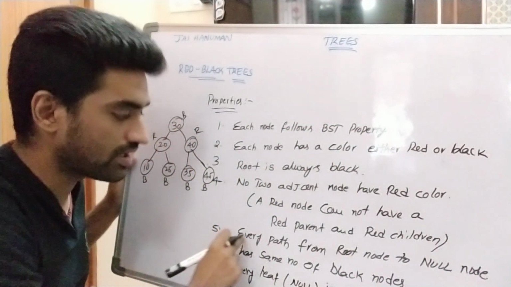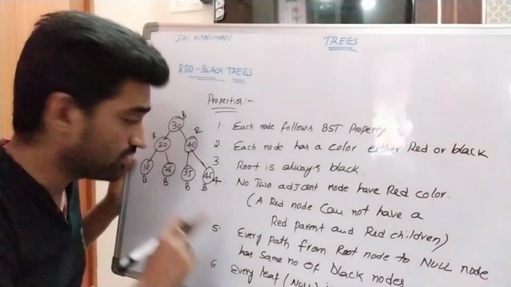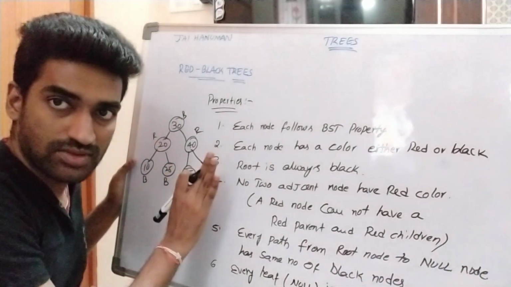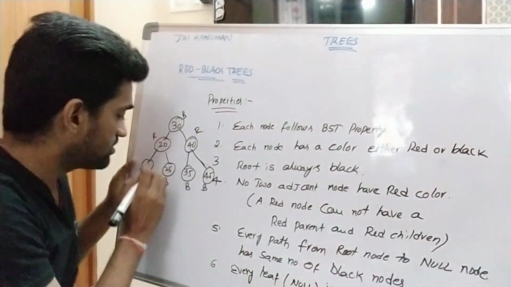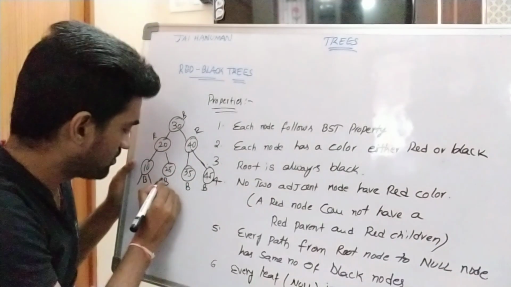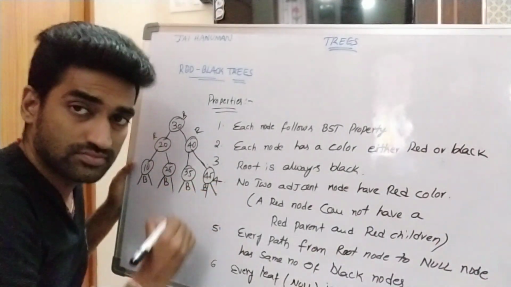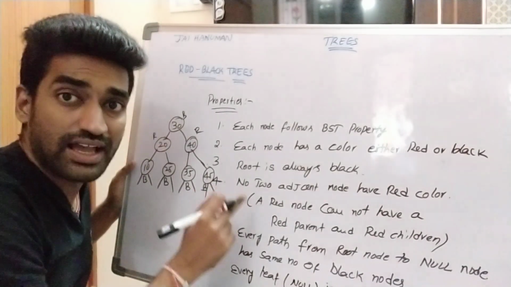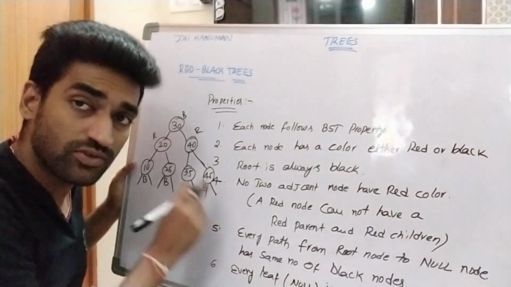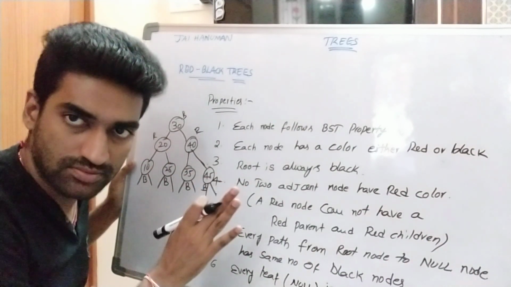What about the fifth property? Every path from root node to a null node. So here, and one more thing. So these are not leaf nodes. So in red black trees, leaf nodes are always said to be null. So null, as well as those leaf nodes are labeled with the color black, not red, right?